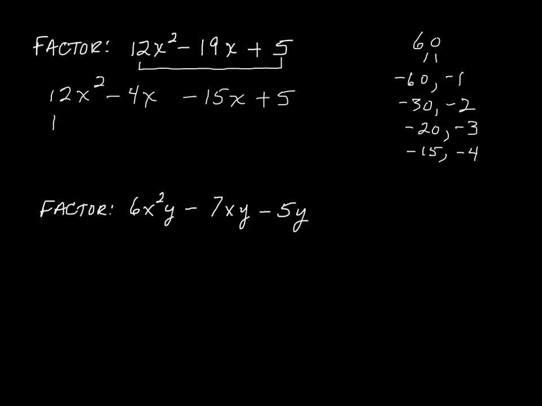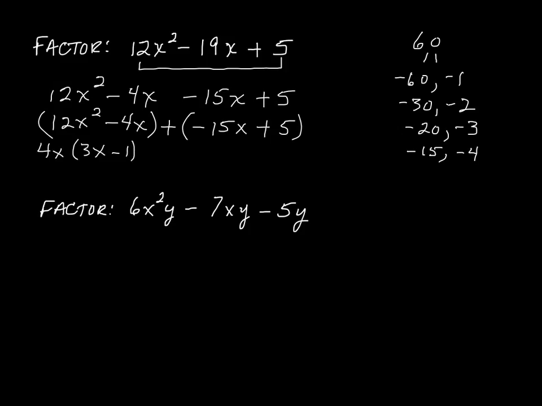So let's group 12x squared minus 4x, plus negative 15x plus 5. Factor out a 4x from the first one and we'll have 3x minus 1. Factor out a negative 5, and we'll have 3x minus 1. So then we take 3x minus 1 and factor that out, and we're left with 4x minus 5. And that's the factored form.